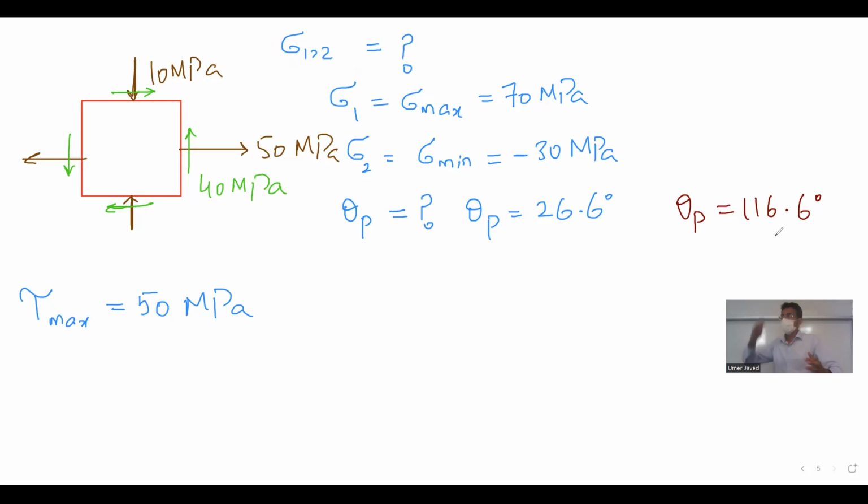In the bar, I need to use a knife to cut it at a particular angle. Which angle? Theta P. At that angle, I will find maximum normal stress or minimum normal stress for that matter. Tell me quickly, 70 lies here or 70 lies there?